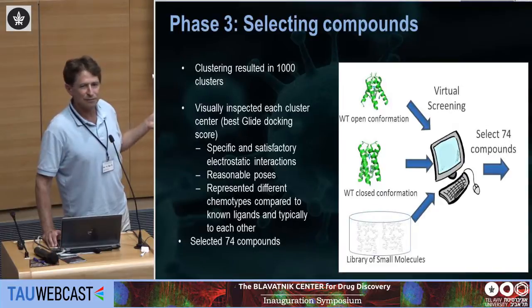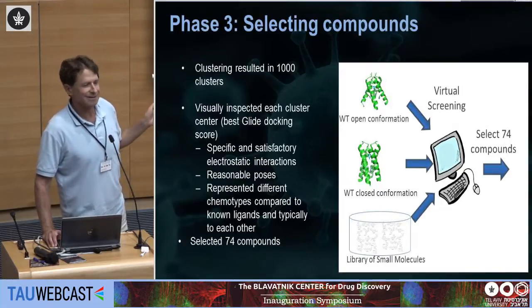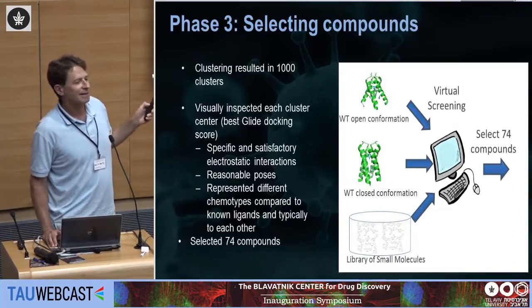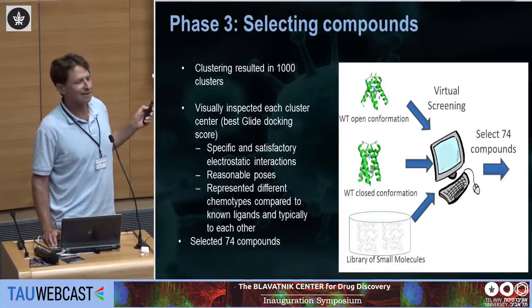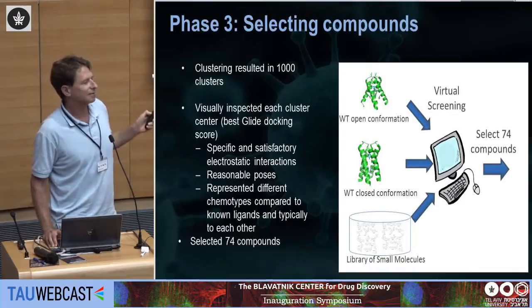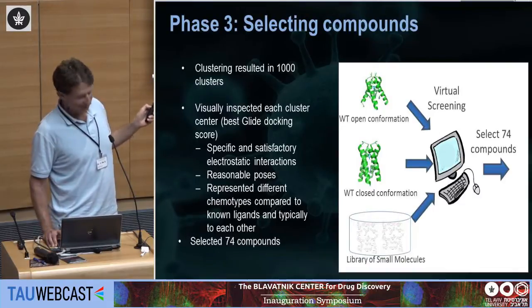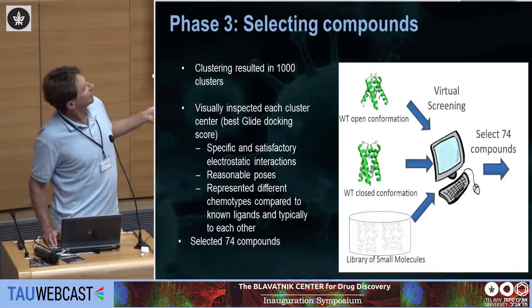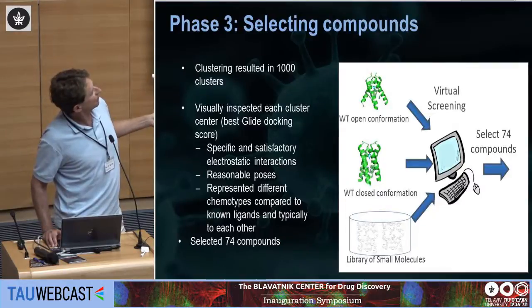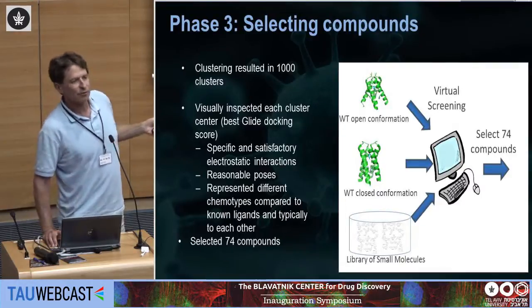I look at a few and then I run out of patience. It's very, very difficult to look and realize what is chemically right and not. So I appreciate this part of the work a lot. And that's how she compiled this list of 74 compounds.